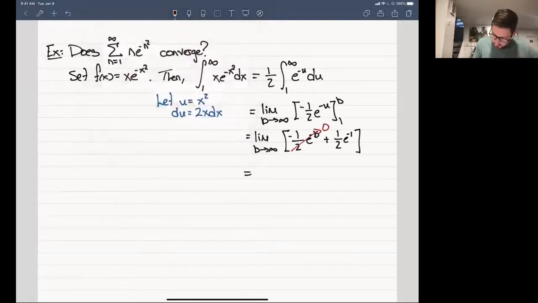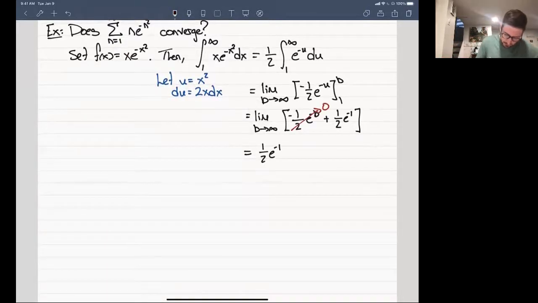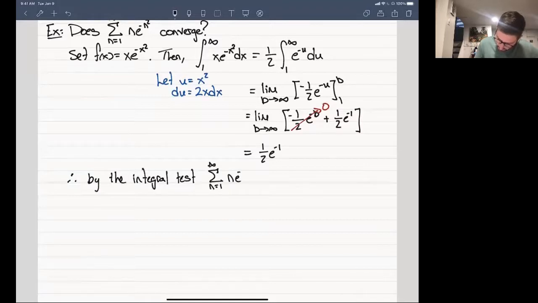And this leaves me with 1/2 e to the minus 1. I don't know what that number is, but I do know it's a number. I know it's finite. So therefore, by the integral test, my series, the sum from n equals 1 to infinity of n e to the minus n squared, converges.